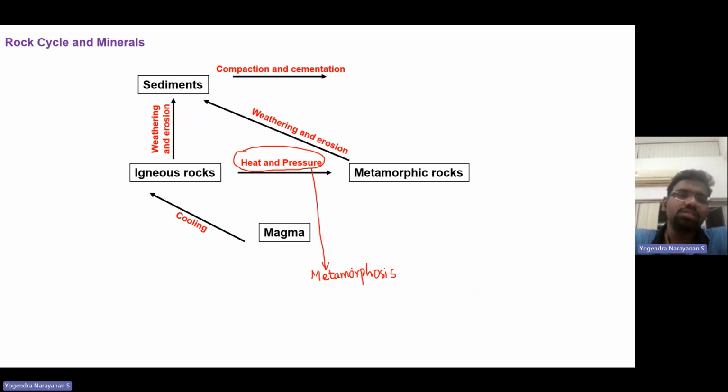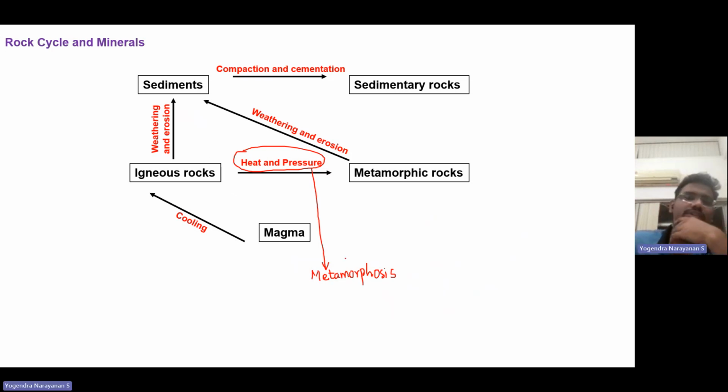And these sediments, in some cases, with continuous deposition over a very long period of time, get subjected to compaction and cementation due to various pore fluid properties and due to the external loads of the overburden deposition, and they form sedimentary rocks.